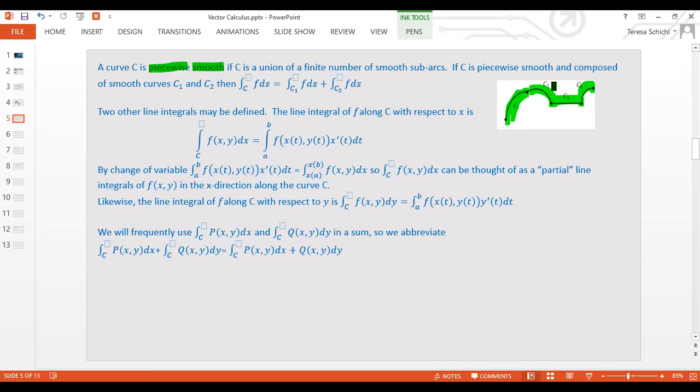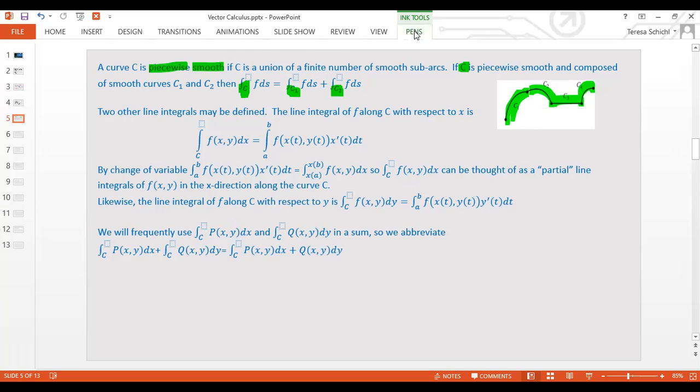So if C is piecewise smooth, you can break it into different pieces. Then you integrate over C the same way we did in Calculus 2. You can break it into two integration regions here. Like I say, if you have two curves, I can break it.